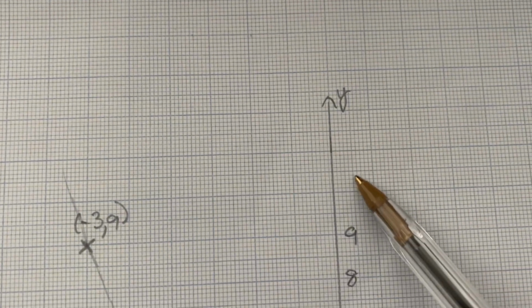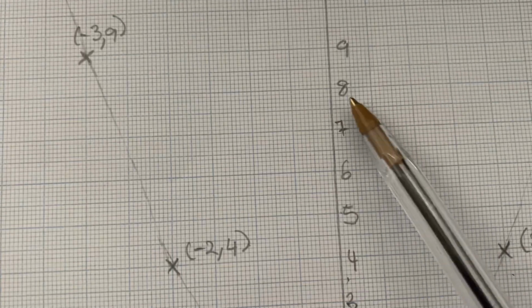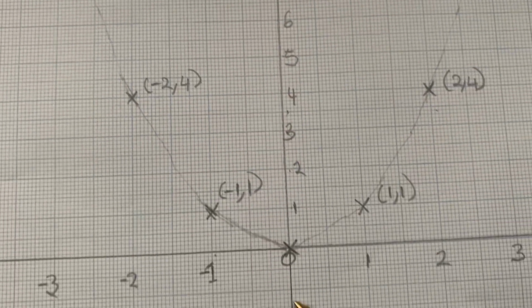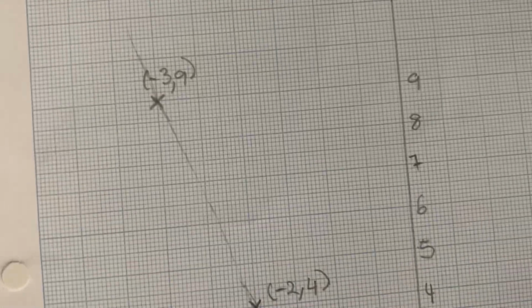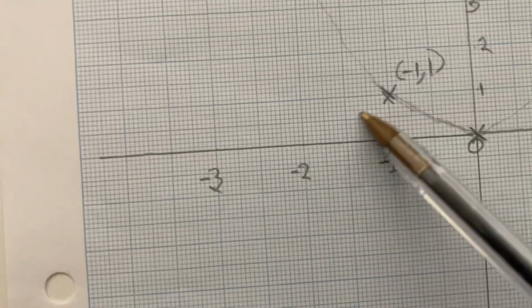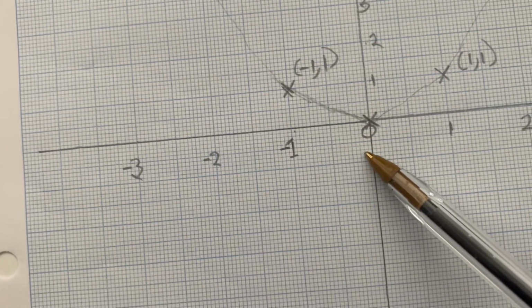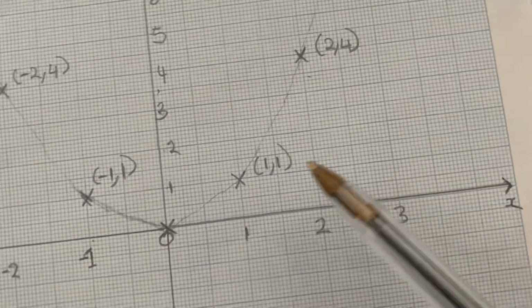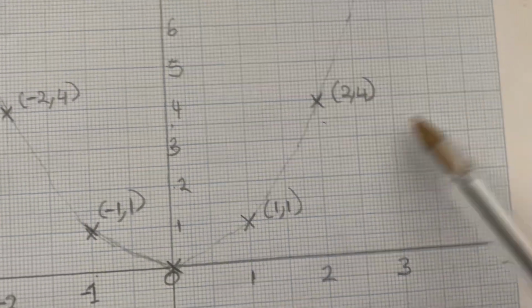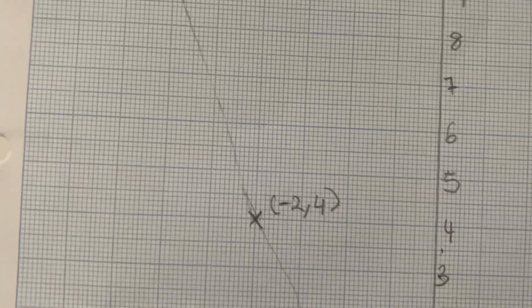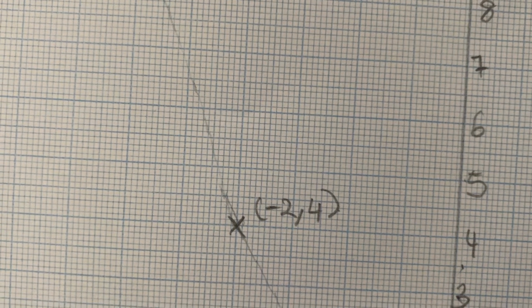So on the y-axis, I have labeled it up to 9. And then on the x-axis, I have -3 in equal intervals, and that's my origin. That's the x-axis. So let's use the coordinates.